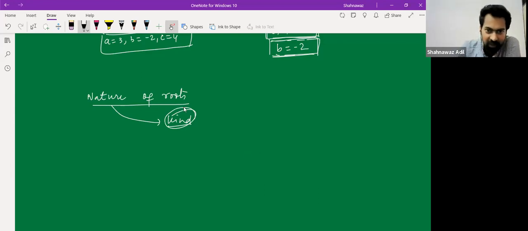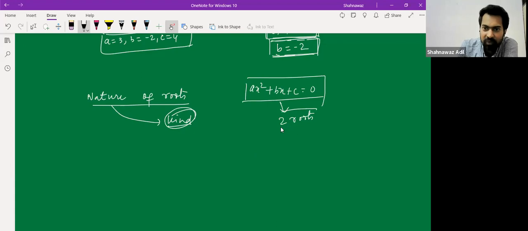Let's say you have this quadratic equation and you found the two roots. What kind of roots these two are is called the nature of the roots. Understood, guys?